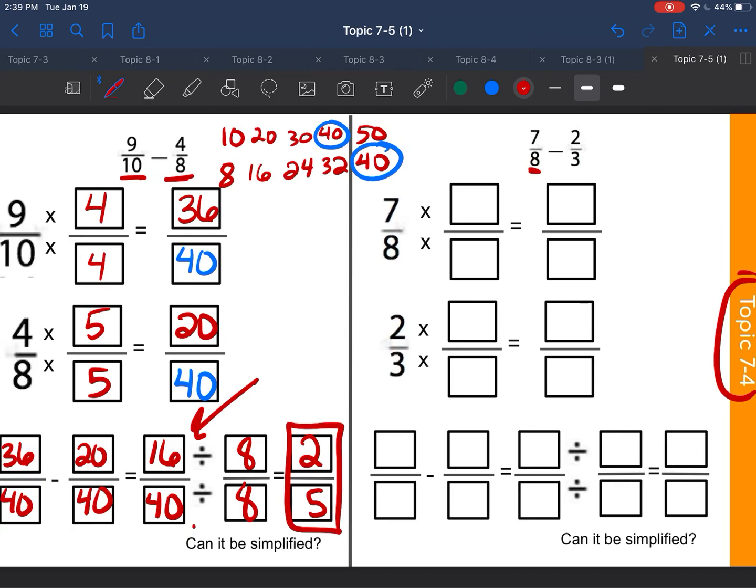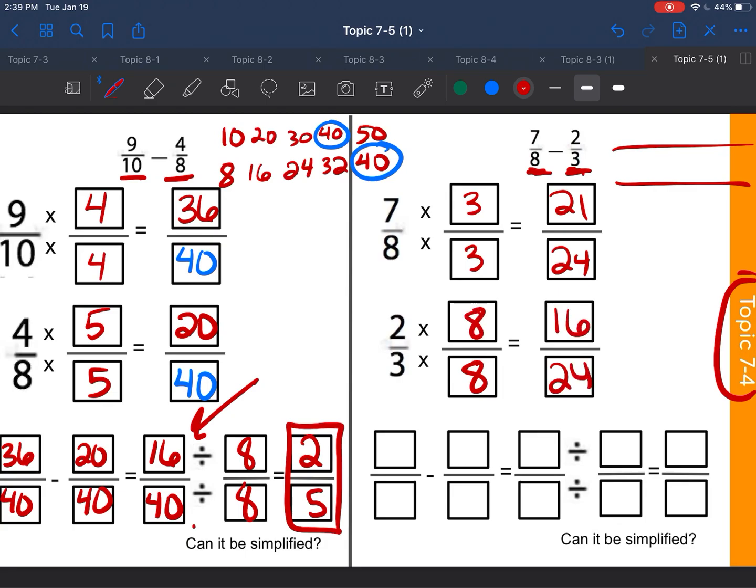Let's rewrite this. In this case, the common multiple would actually be 24, if you kept going with those multiples. So 8 times 3 is 24. Whatever you do to the bottom, you do to the top, you get 21. 3 times 8 is 24. Whatever you do to the bottom, you do to the top.